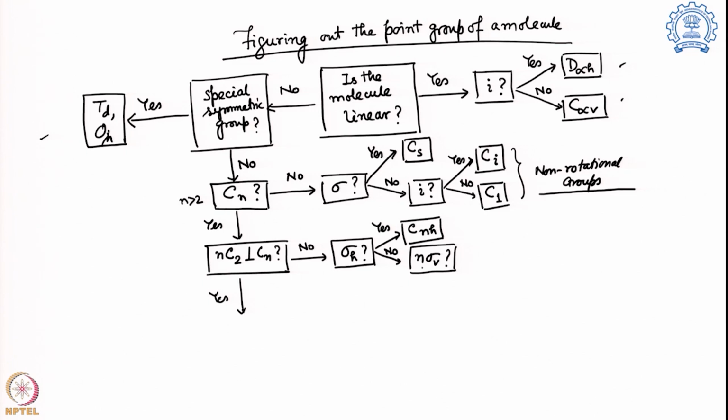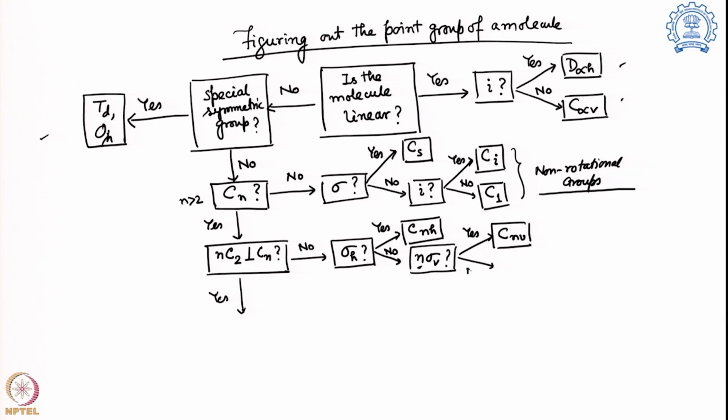If it has them, it will have all of them or nothing. So, if it is a C3, it will have 3 sigma v's. If it is a C4, it has to have 4 sigma v's or nothing, nothing in between. So, this is the next question we ask, and the answer can be yes or no. If the answer is yes, it belongs to point group Cnv.